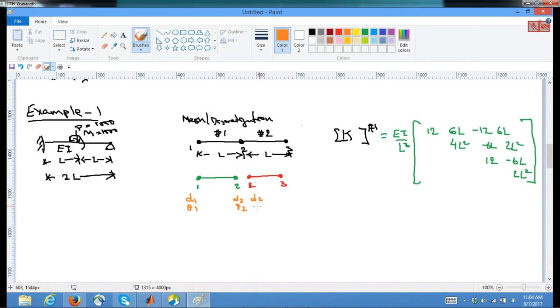Again, this one is also d2 theta 2, d3 theta 3. That is nothing but d1, d2, d3, d4 and d5, d6. So the stiffness is correct.